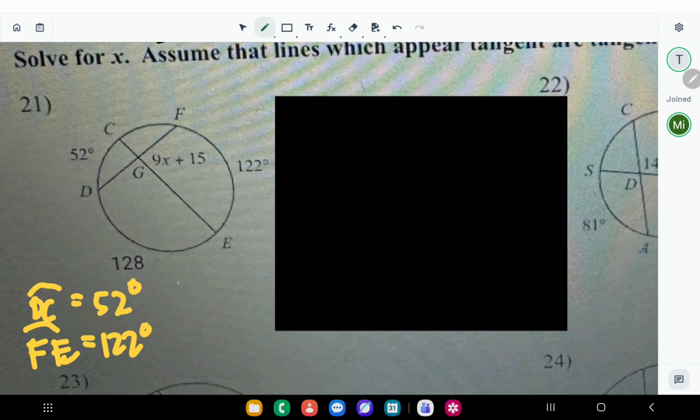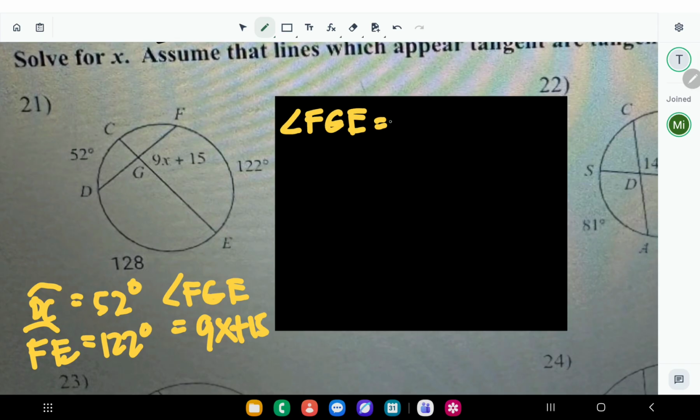And we're given angle FGE, which is equal to 9x plus 15. So if we have two chords, angle FGE is equal to 1/2 times the sum of the two intercepted arcs.